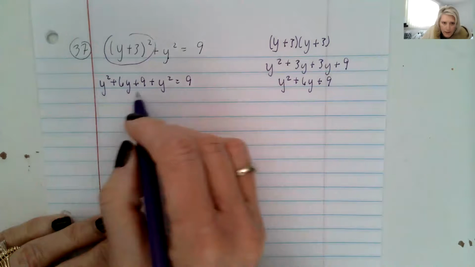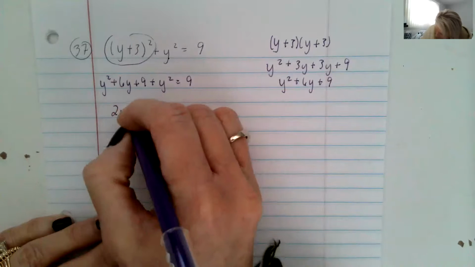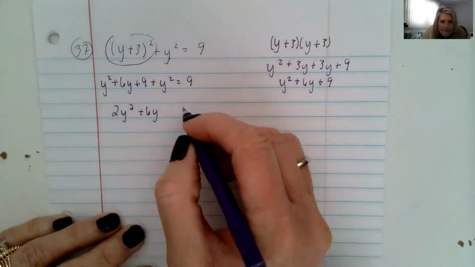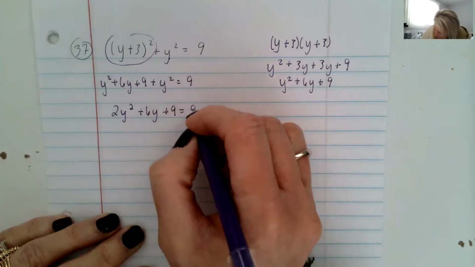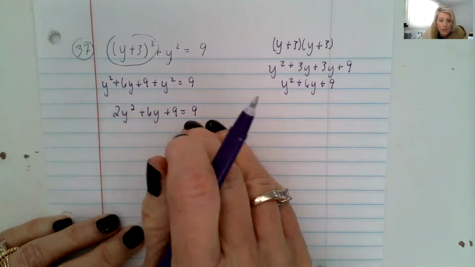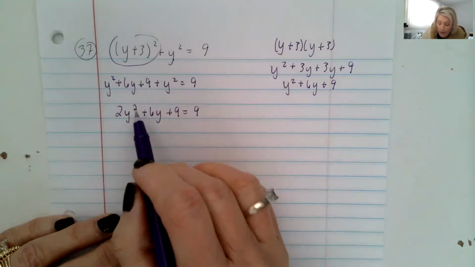So I'm going to combine like terms. We have y squared and y squared, so 2y squared plus 6y plus 9 equals 9. And everything needs to be equal to 0 if I'm going to use that zero product property. Because I have a squared, I'm going to have to do factoring.